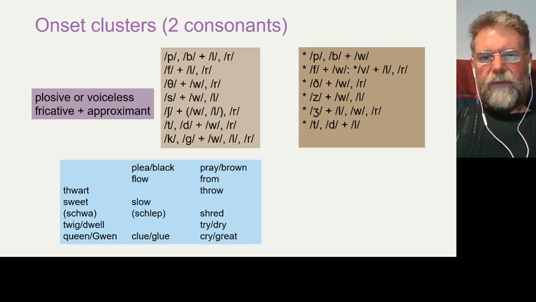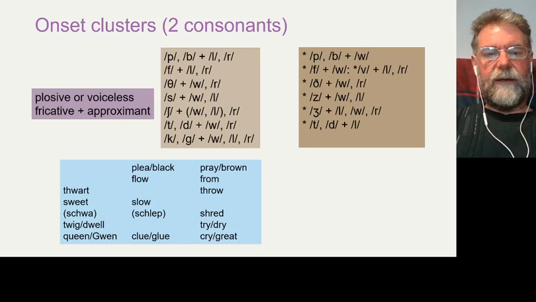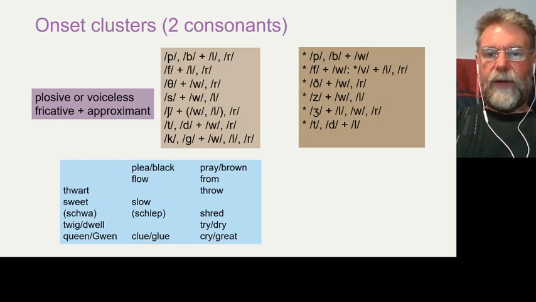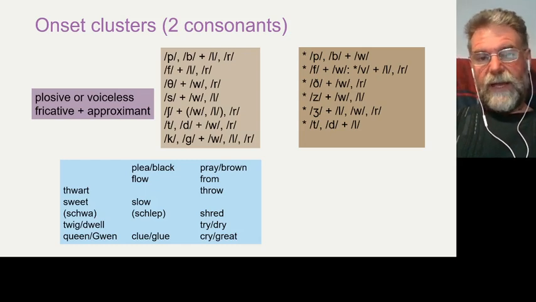The restrictions with the plosives seem to be that you can't get p and b in front of a w, you can't get t and d in front of an l, but k and g can go in front of any of the approximants. Thinking about that, p and b are both bilabial, and w is a bilabial approximant. T and d are alveolars, and l is an alveolar.